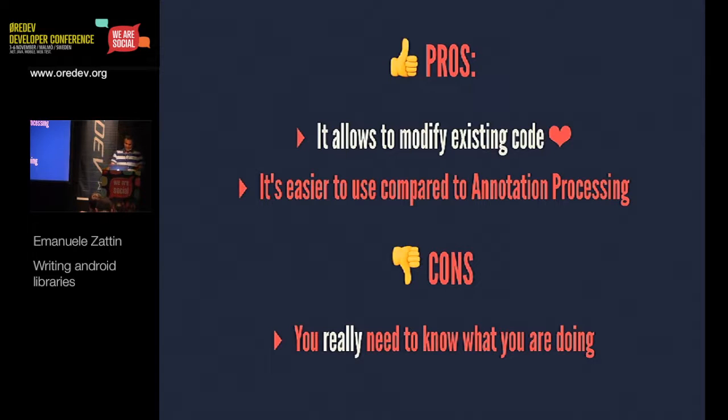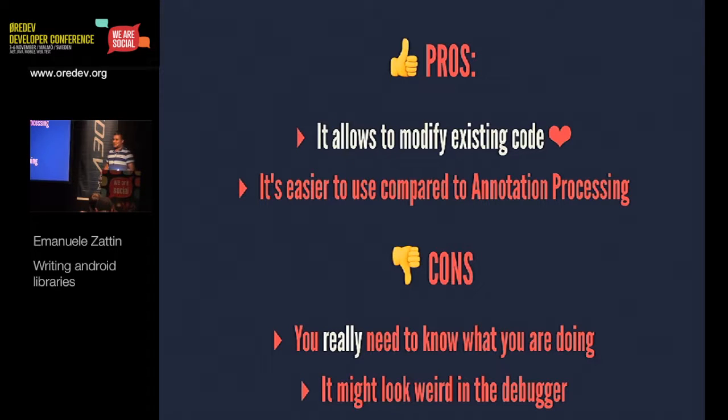You're screwing up. And you have to be careful about what you're doing because it might look weird in the debugger. So if you modify some code and add some instructions and then somebody steps through that code, the debugger keeps going on. So it's a bit weird, so be aware of that.